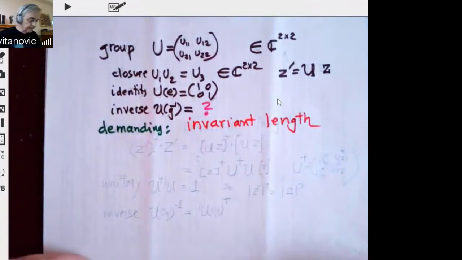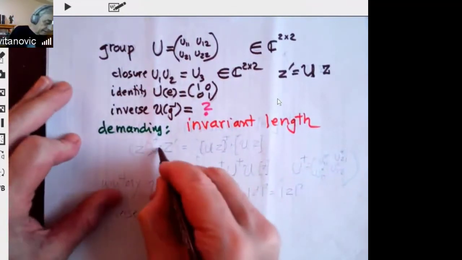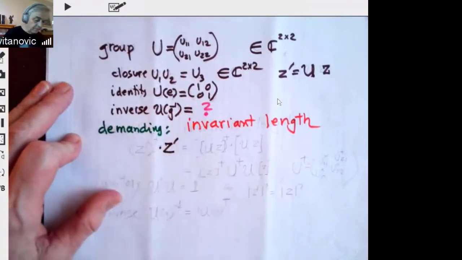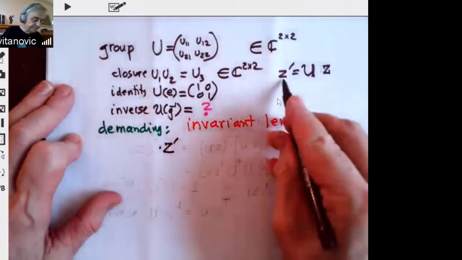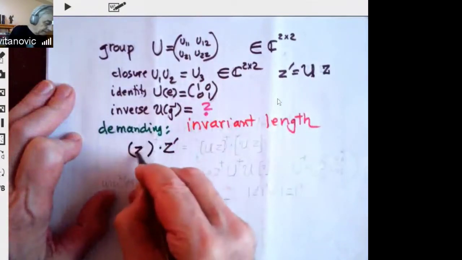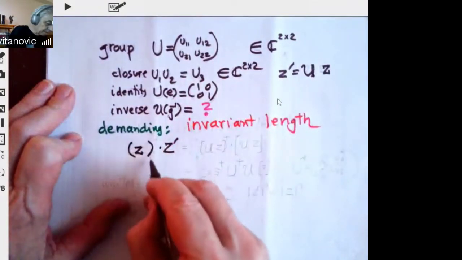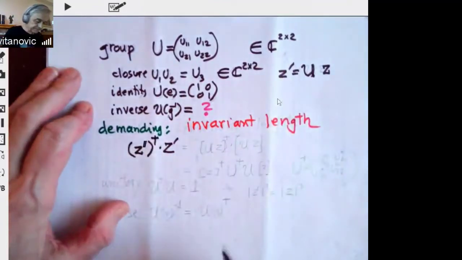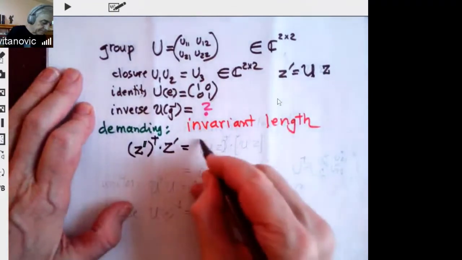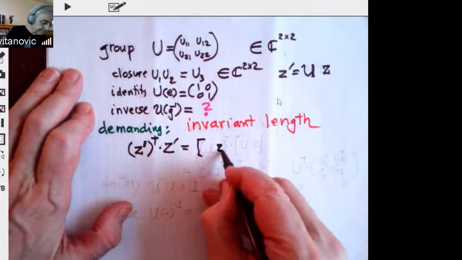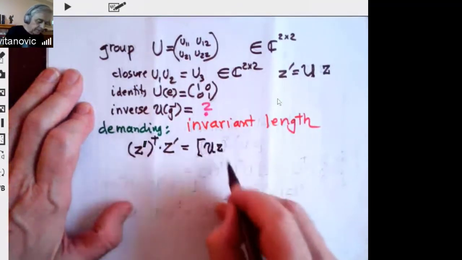In other words, if I take a column vector of length 2, this one, and multiply it by its transpose complex conjugate, or the Hermitian conjugate, I can write this as the original vector multiplied by the 2 by 2 matrix.